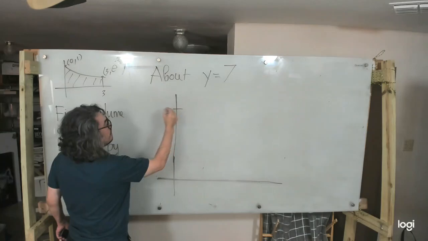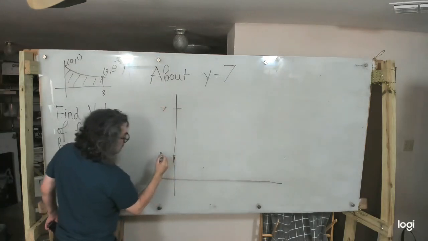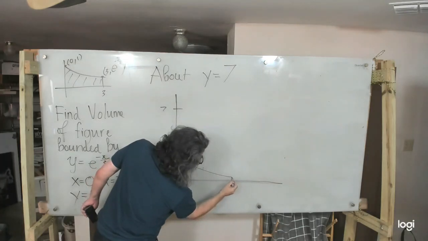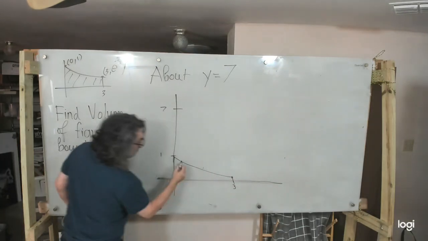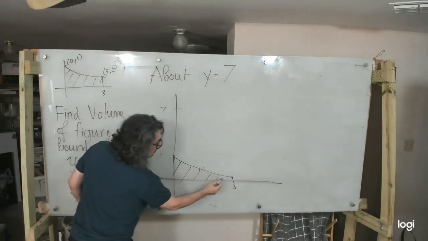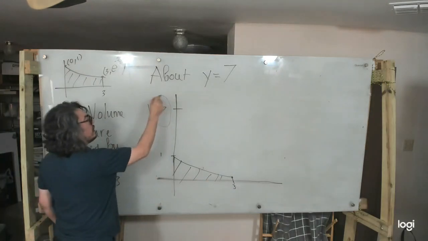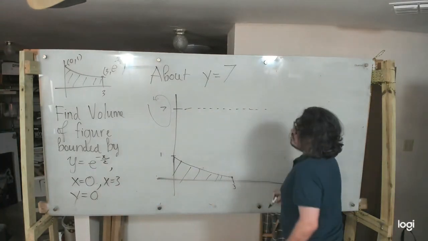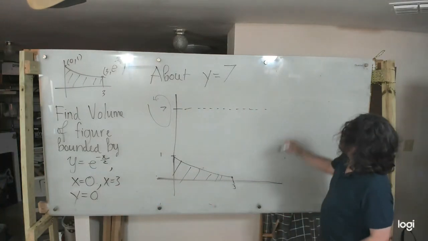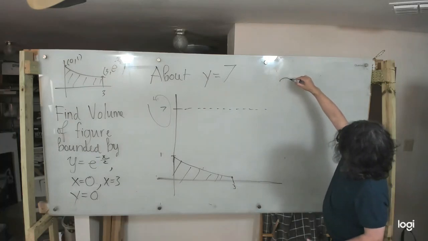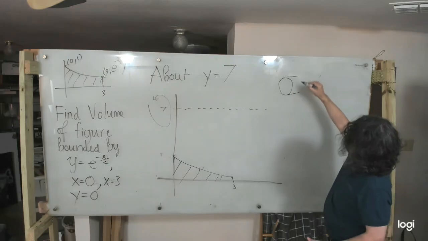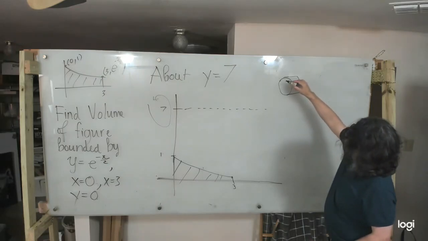So let's say this is 7 here. This is 1. This is 3. All right, this is the region. And we're going to rotate it around this line. This is our axis of rotation. So in other words, what I want you to imagine is that this will end up looking like what you would get if you take a bottle cap, like from a 7-Up or something, and you remove the top.